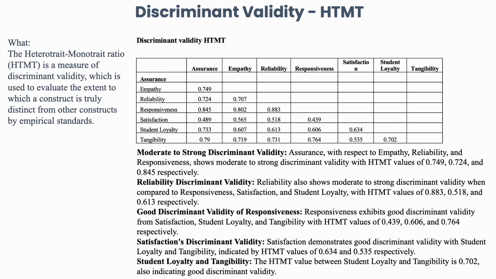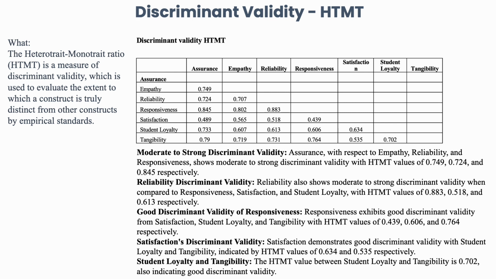It is a measure of discriminant validity used to evaluate the extent to which a construct is truly distinct from other constructs by empirical standards. Discriminant validity assesses the extent to which a construct is different from other constructs and is a vital aspect of construct validity. The HTMT is a more conservative criterion when assessing discriminant validity.